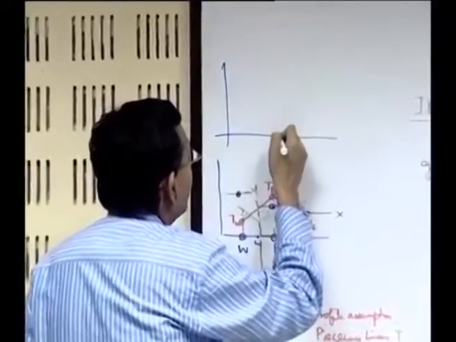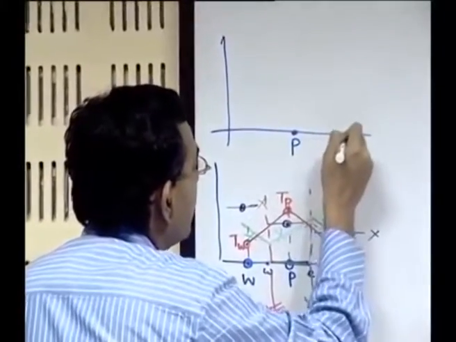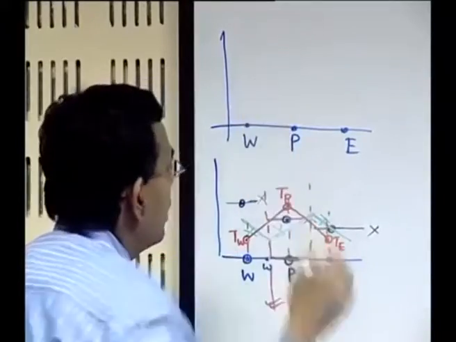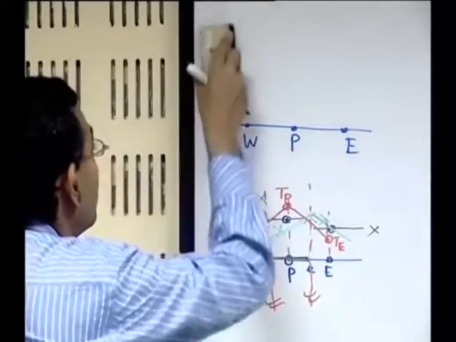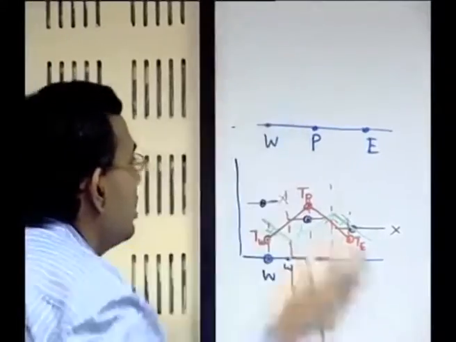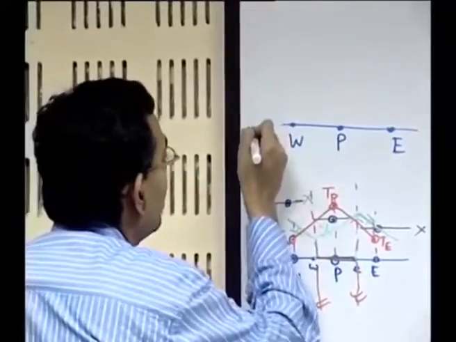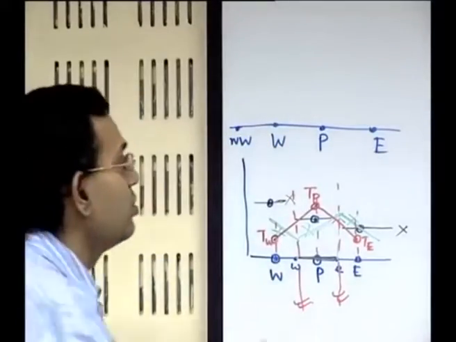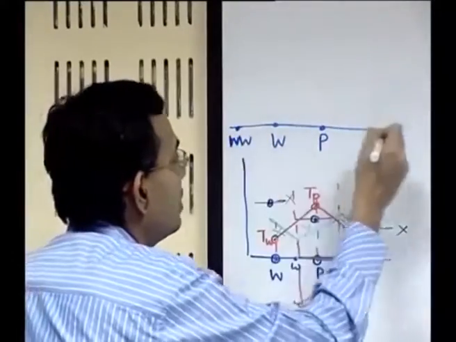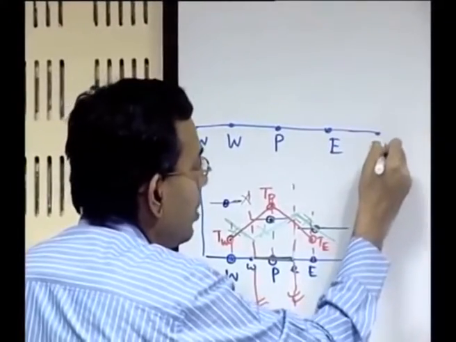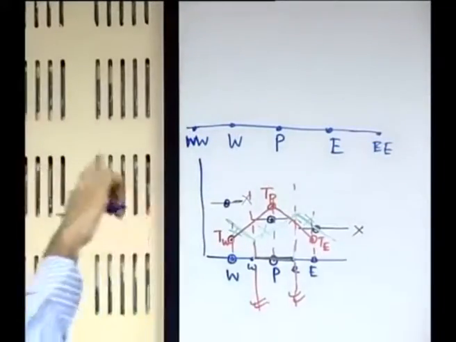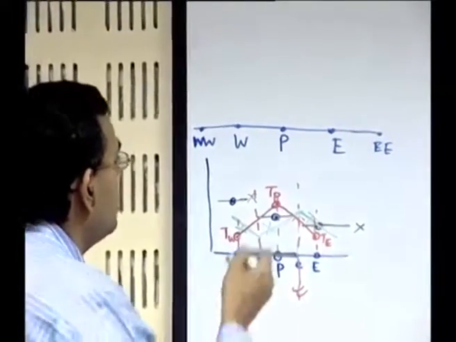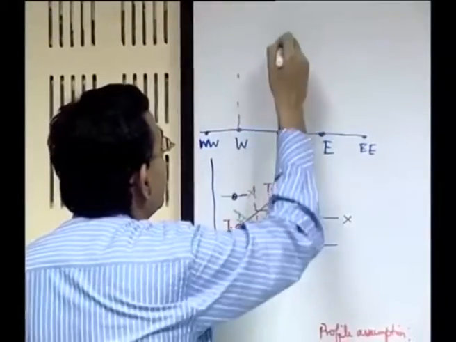Let us say that you have this point P, you have the points E and W, and maybe consider some additional points, because if you want a quadratic interpolation function, how many points do you require to generate it? 3 points, just like you require 2 points to generate a linear interpolation function. So the interpolation would have looked like this.